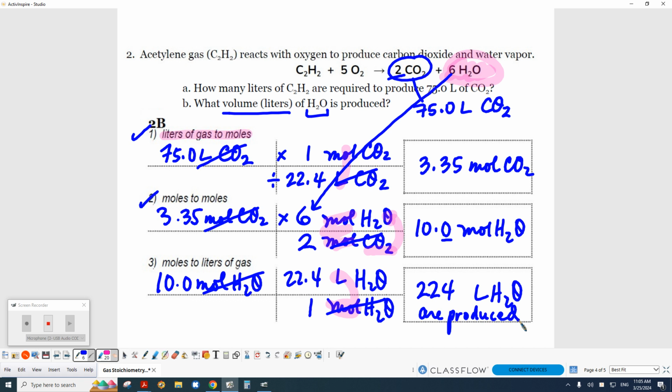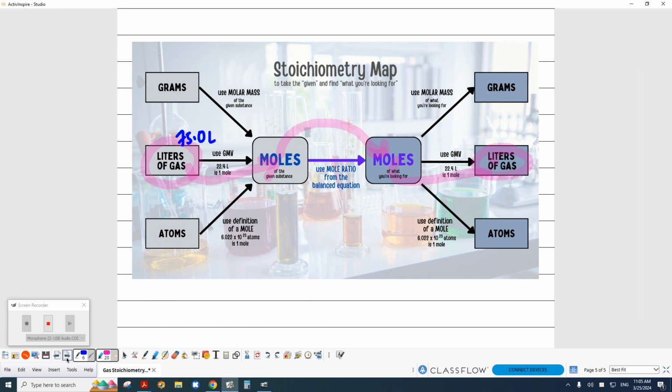And now you have enough information to answer question 2C and most of the other questions on this worksheet. But one last reminder, this worksheet for gas stoichiometry might also contain some problems that start with a different given. And so use the stoichiometry map.